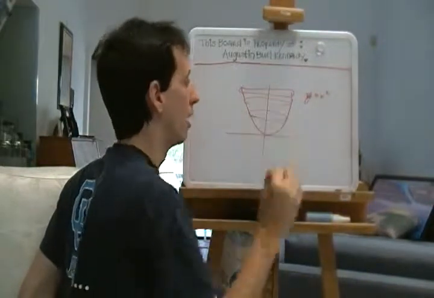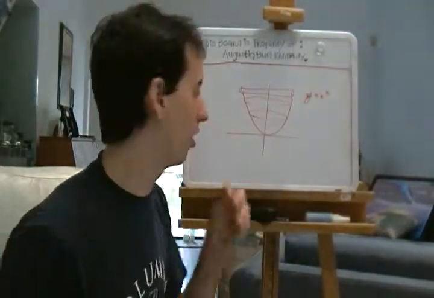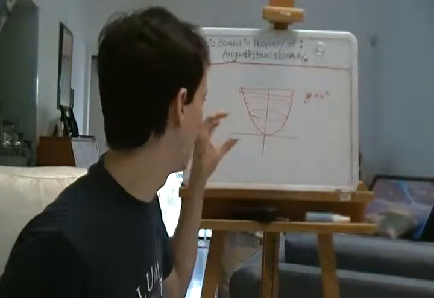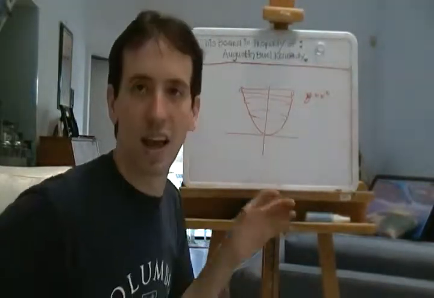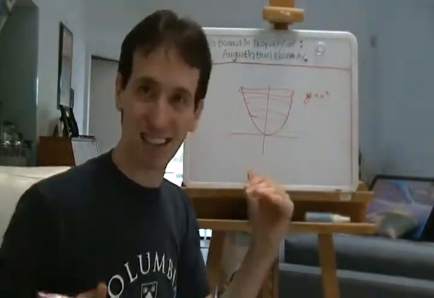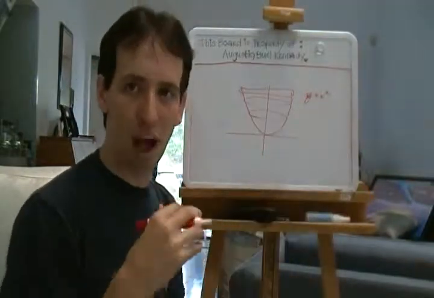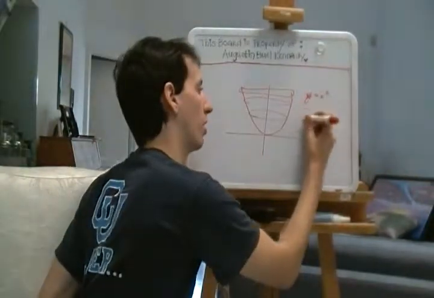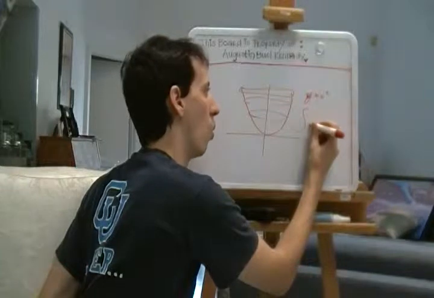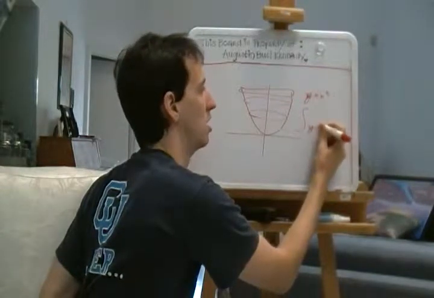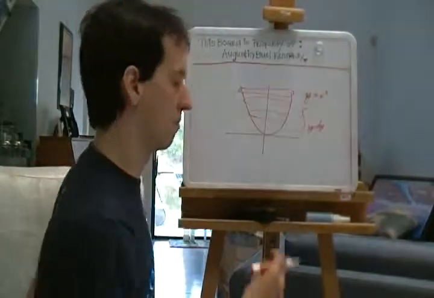Now, if we do that, it's going to be just like the area between curves. Instead of doing a dx integral, you're going to do a dy integral, using y, dy, things like that.